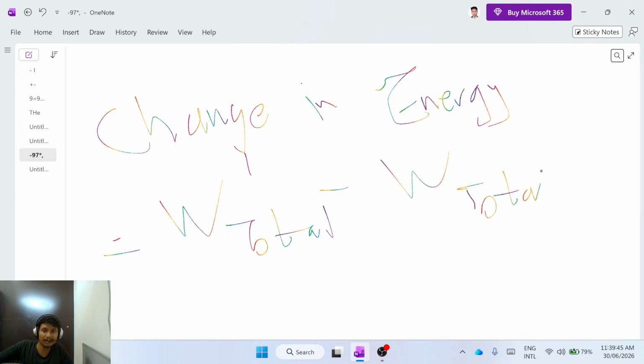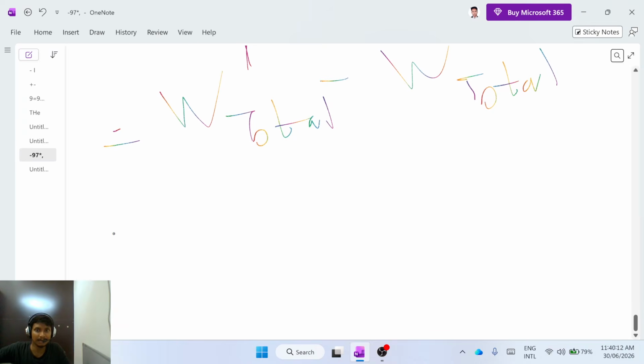Don't write the equation like W total minus W total dash, because we already know change will be considered from final to initial. Therefore, the final energy is W dash total, the initial total energy is W total. Therefore, we have to subtract from final to initial: W total dash minus W total.